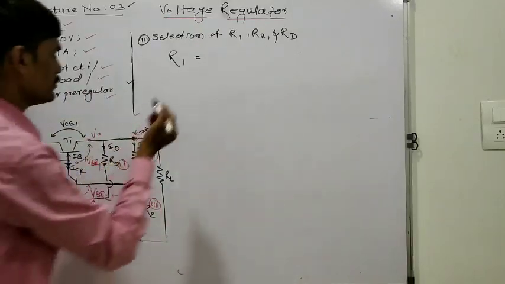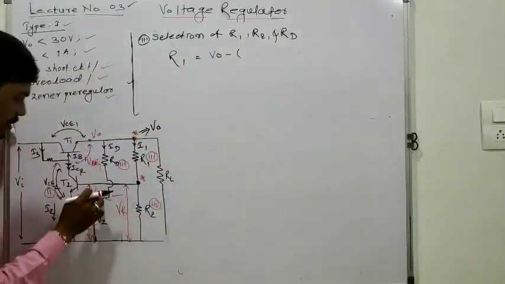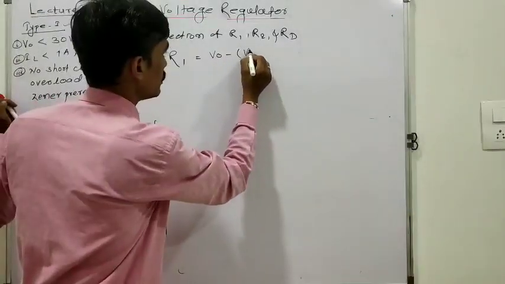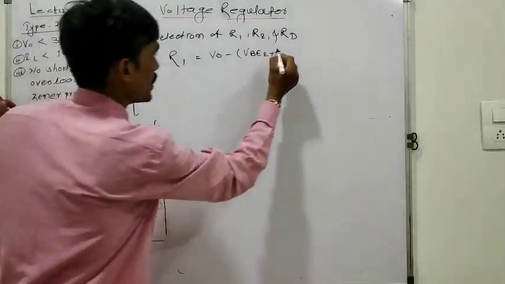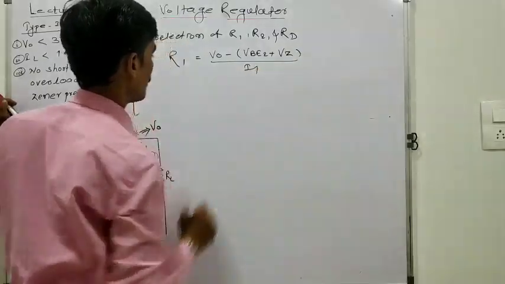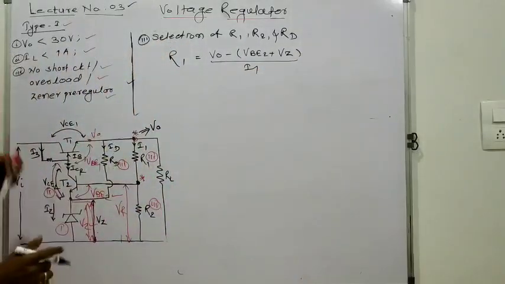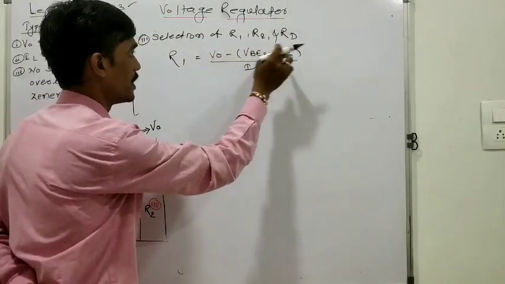So R1 is equal to VO minus the addition of these two, that is VBE2 plus VZ, divided by the current flowing through this resistance R1, that is I1. We know the value of I1, VO, VBE2 and VZ.